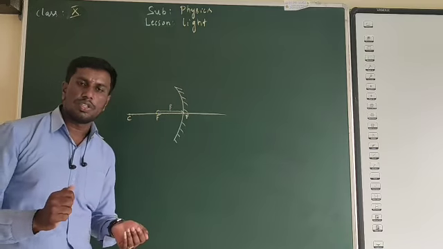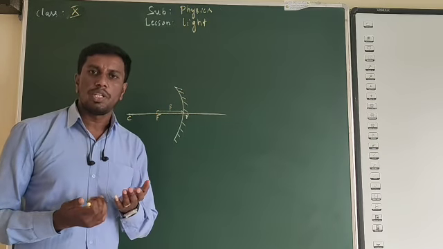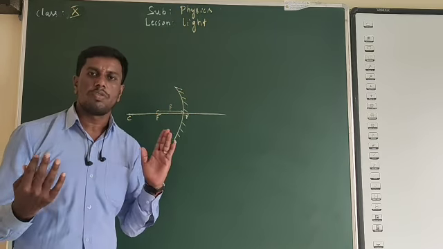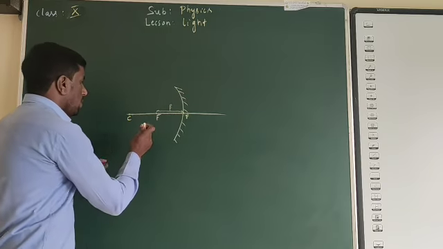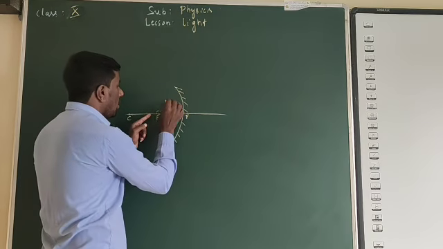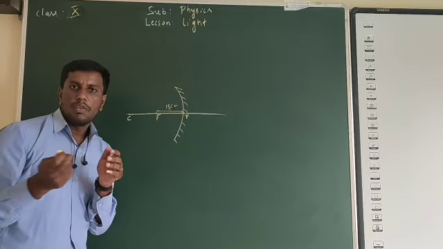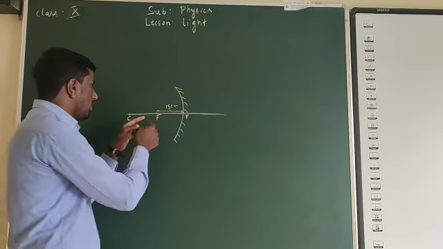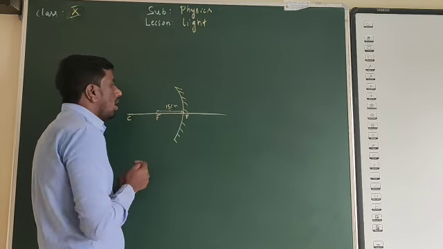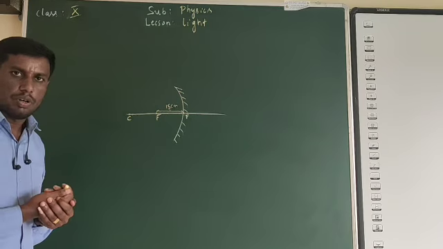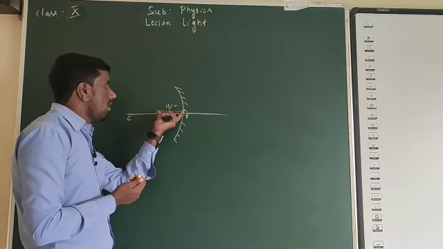In order to get the erect image, what will be the range of distance of an object from the mirror? The focal length they have given in this question is 15 cm. That means the distance between the principal focus and the pole is 15 cm.